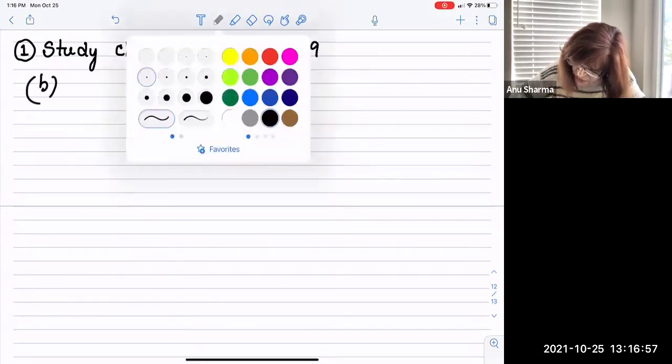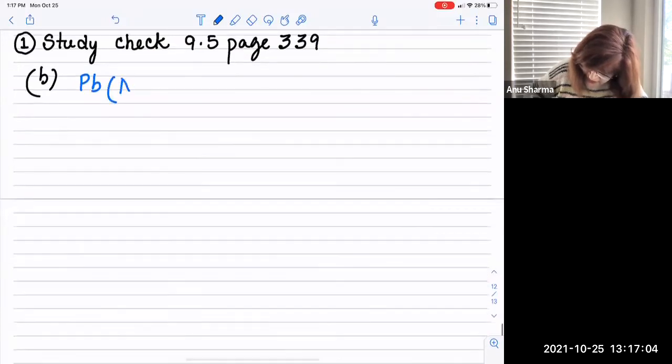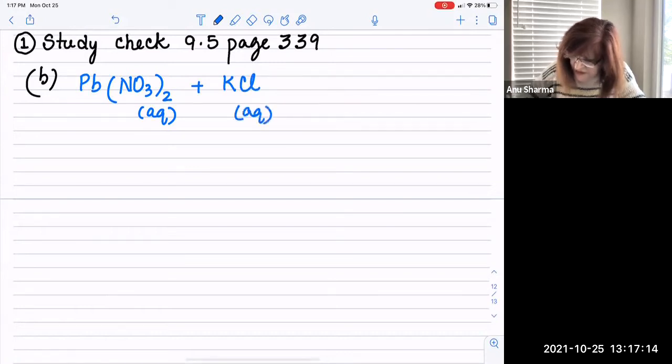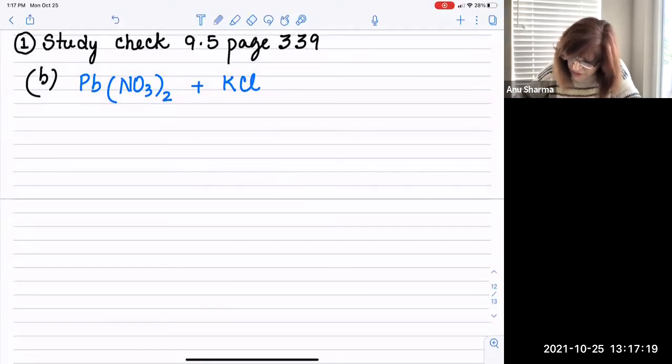And here you are given this solution of lead nitrate. So lead nitrate is Pb(NO3)2, and this is aqueous. All nitrates are soluble in water. Reacting with KCl. KCl is also aqueous, which is again soluble in water. So right now I'm removing this because it takes a lot of room. So identify the products, what is formed.